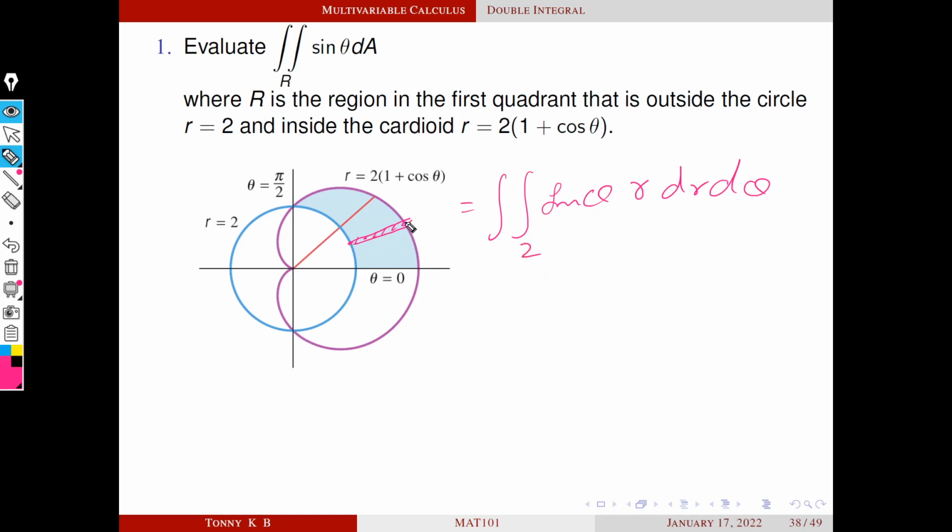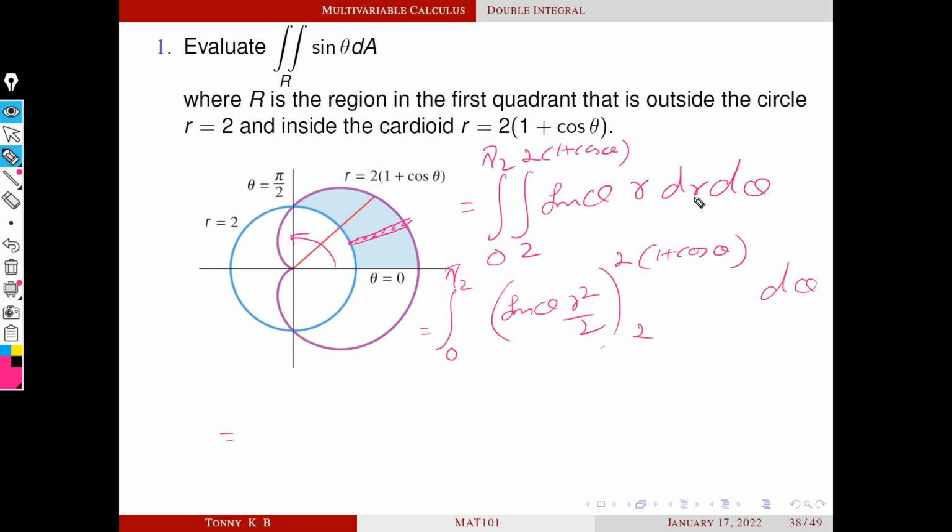And what is the upper value of r? That is from the cardioid, 2 times 1 plus cos theta. So here r1 of theta is throughout 2, and r2 of theta is 2 times 1 plus cos theta. Clear? And to cover this blue region, what is the range of theta? Theta should vary from 0 to pi by 2. So this is the setup of this integral. Now you can integrate.